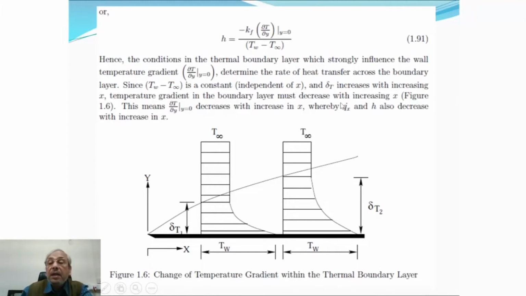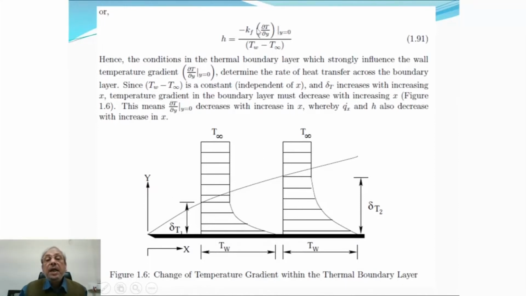Exactly, that is what has been written here, that the temperature gradient in the boundary layer must decrease with increasing x, because delta T is increasing. So the temperature gradient must decrease. This means del T del y at y equal to 0 decreases with increase in x, and heat flux and h also decrease with increase in x.